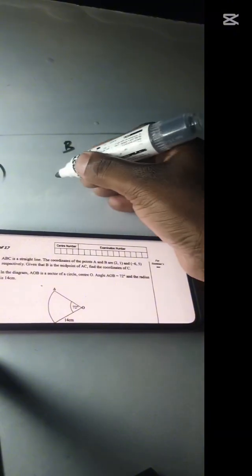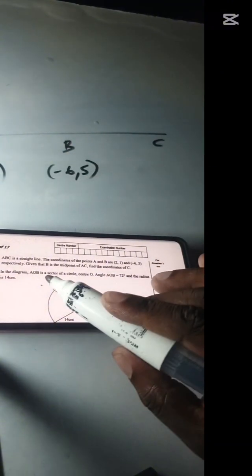ABC is a straight line, so we have something like this: A, B, C. The coordinates of point A are 2,1. Then B is -6,5. Given that B is the midpoint of AC, find the coordinate of C.